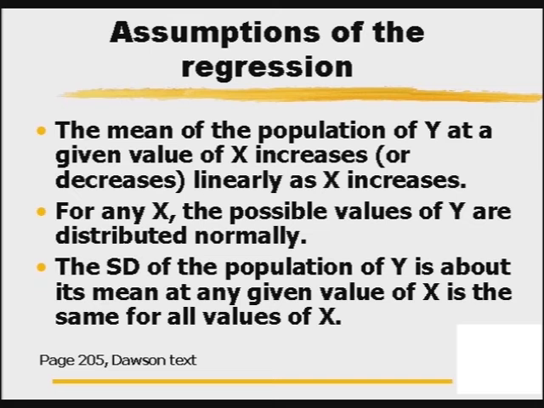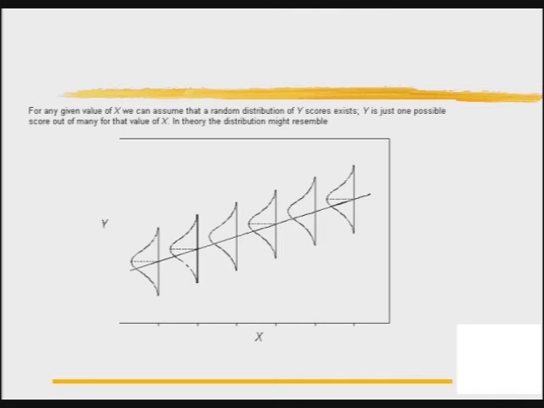Well, we have to go back to that one figure that I showed. And in this case, you can actually see both of these issues. So as x goes up, y goes up in a linear fashion. As you can tell on this particular diagram, the regression slope is linear.